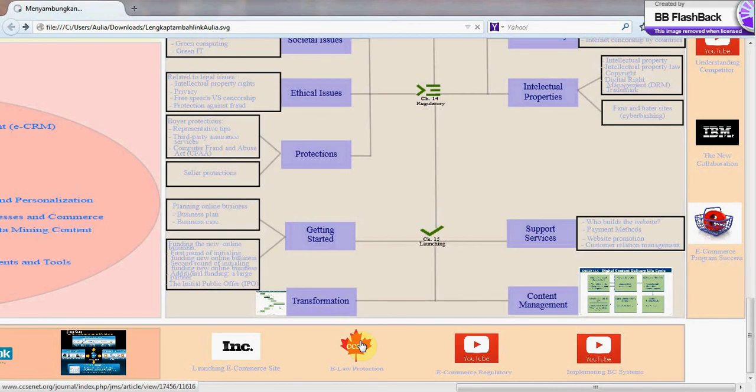It's still loading. This article is taken from CCSE. Okay, it's a little bit slow. Let's try again.